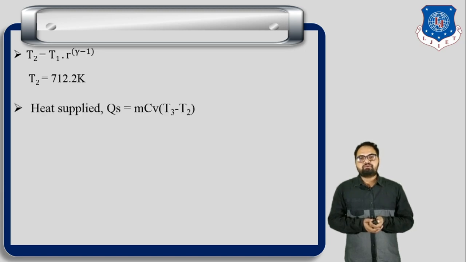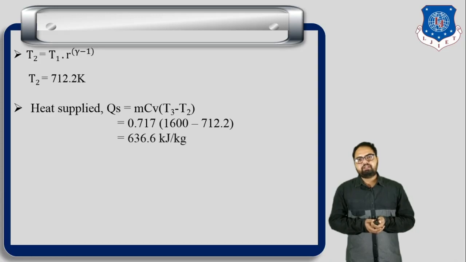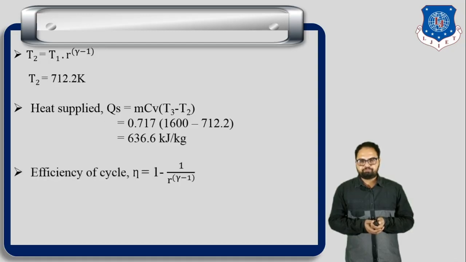Now we have the value of T2, so we can easily calculate the heat supplied. Qs is equal to m Cv (T3 minus T2). By putting Cv as 0.717, mass as 1 kg, T3 as 1600 and T2 as 712.2, we get the heat supplied as 636.6 kilojoule per kilogram.